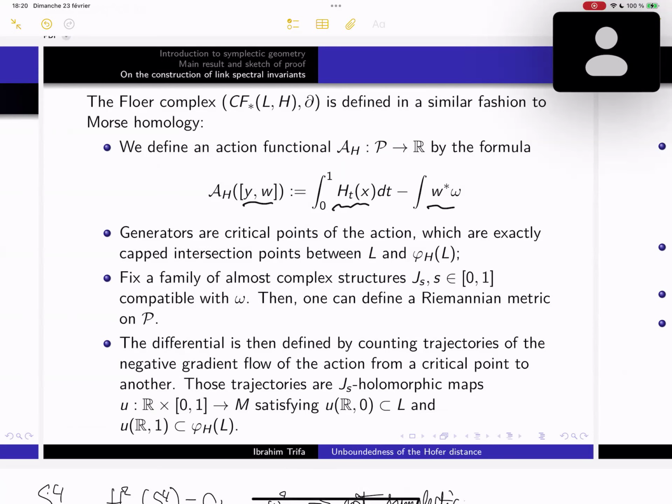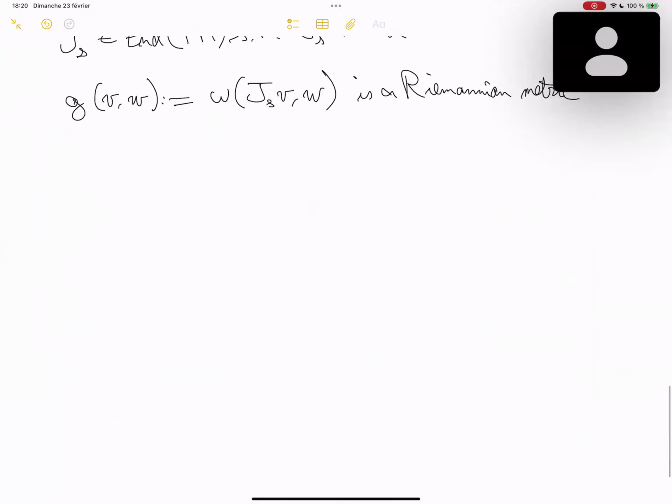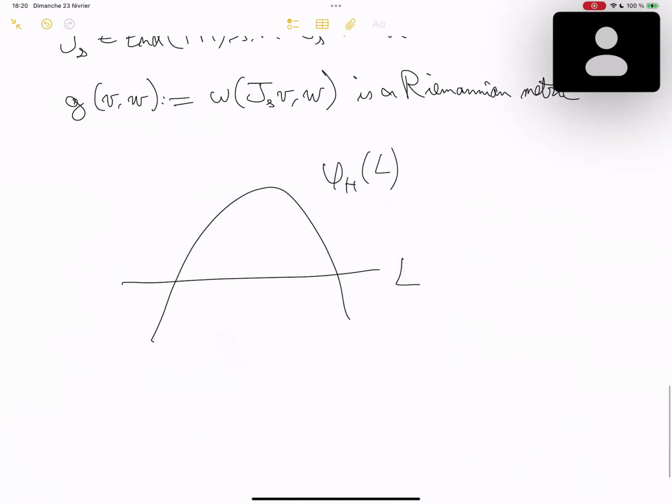So I will draw what this is. So we have L, we have phi_H(L), and we have the strip. Sorry, this is R times [0, 1].